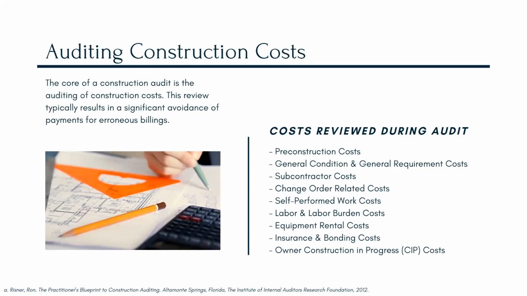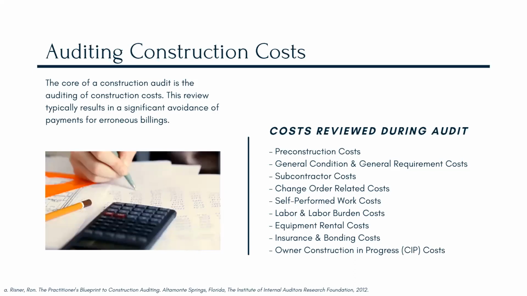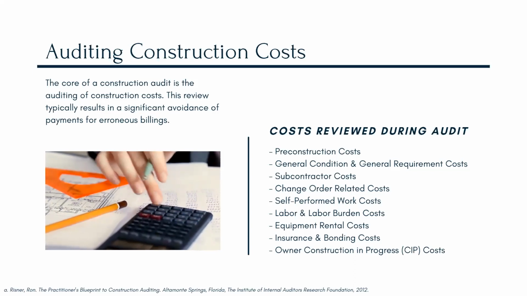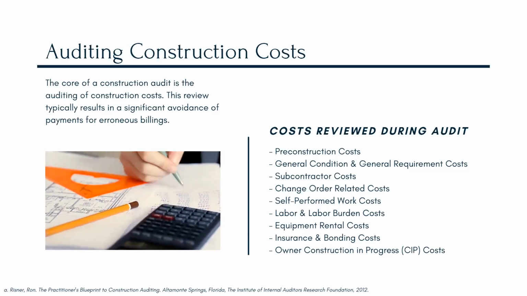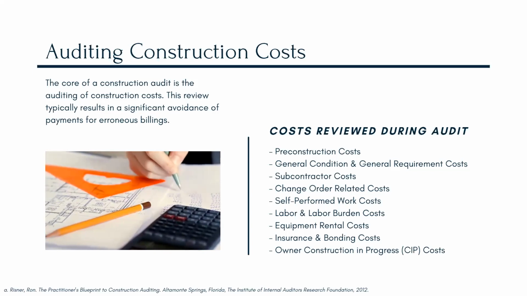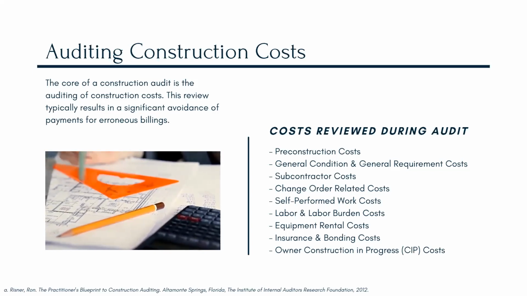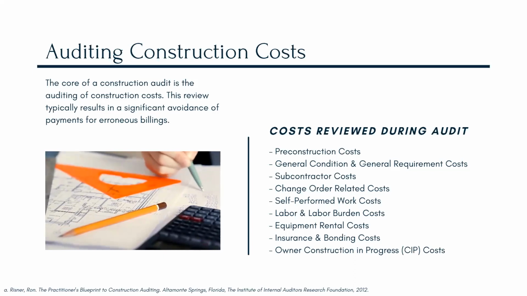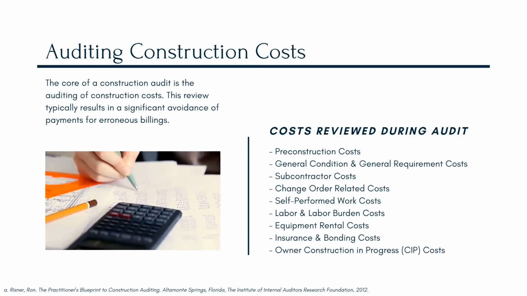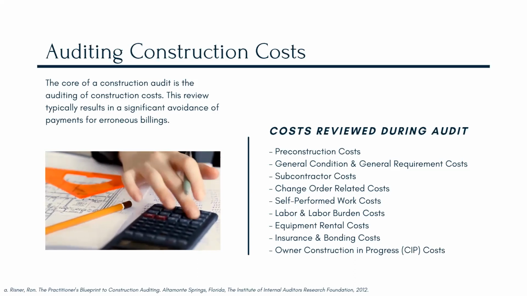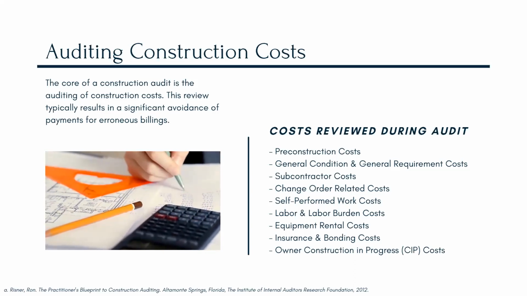The number one identified finding in my experience is related to change orders and the costs for change orders. Change orders can be a heavy finding topic under almost any construction contract, regardless of whether it's lump sum or a reimbursable cost basis of billings and pay applications.